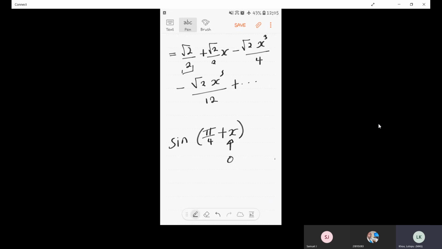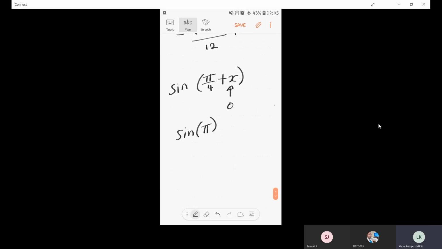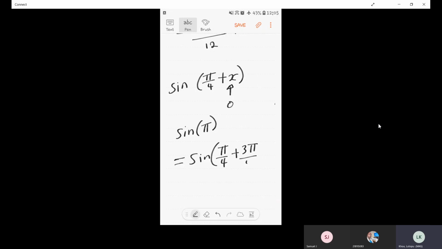And I can also work out sine of pi using this same formula. So if I want to work out sine of pi, I know that sine of pi is just equal to sine of pi over 4 plus 3 pi over 4.